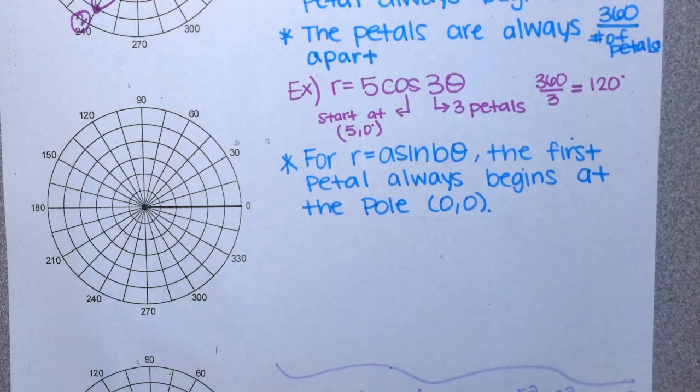And just because it has 4 petals, that does not mean each one of them is going to be at 0, 90, 180, 270. You are going to have to make a table with sine. You can't avoid a table with sine.